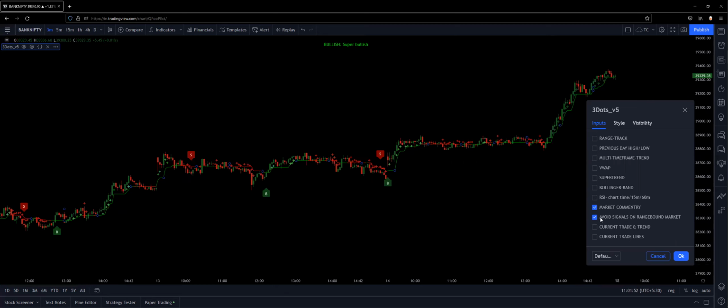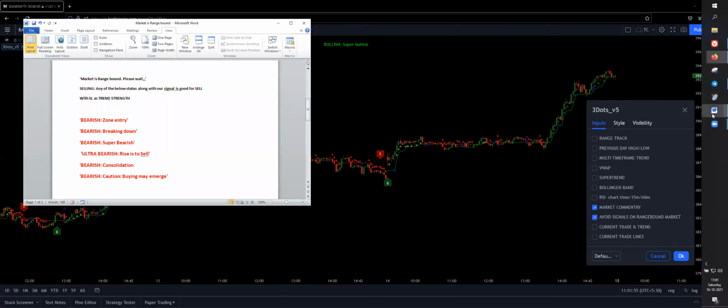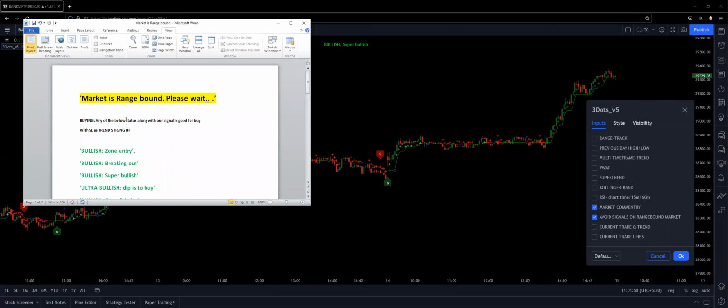So when the market is range bound, this is what you will see here: Market is range bound, please wait, right? If you see this phase of the market, definitely you should see a status called market is range bound, please wait, don't go for a trade.